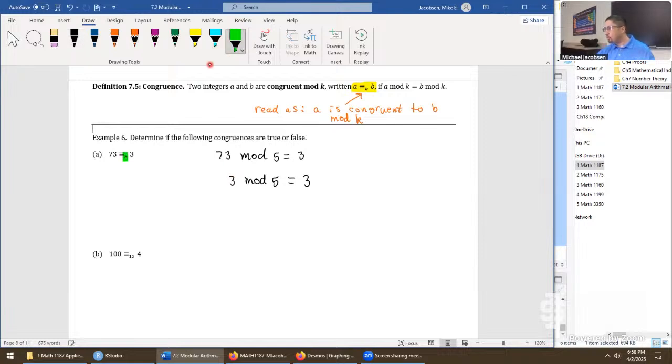Let me do one bit of color coding to show where each of these parts come from. Equivalent 5 just means the mod 5 part right here. We have a match, 3 and 3, so this implies the congruence is true.